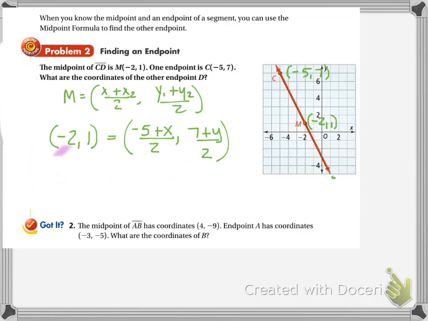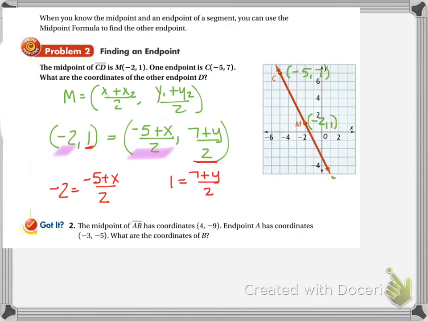Now, for this to be true, the negative 2 has to equal negative 5 plus x over 2. So I'm going to set negative 2 equal to negative 5 plus x over 2. And I'm going to set the 1 equal to 7 plus y over 2.